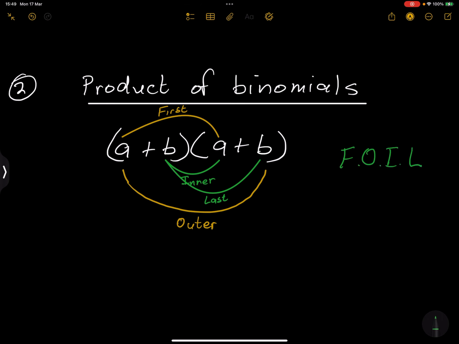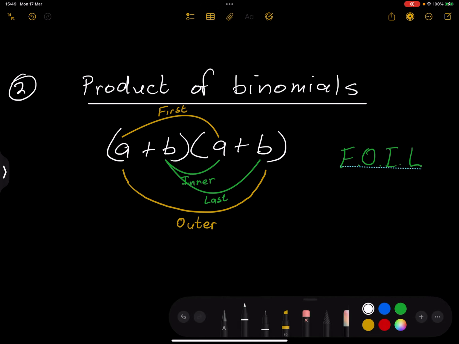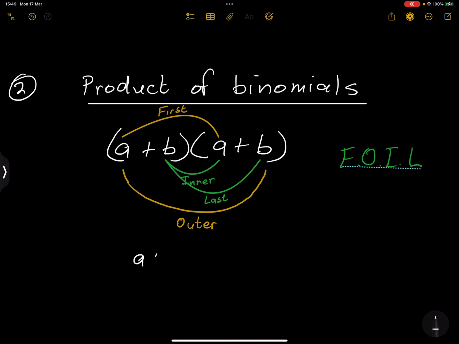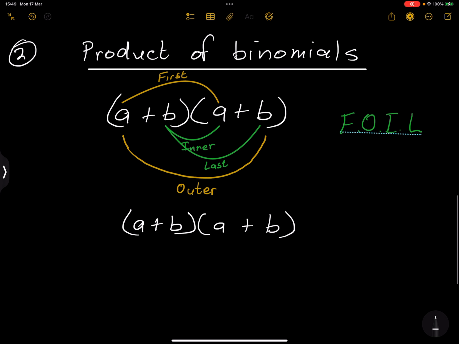So what do we do in that case? I'm going to rewrite it again so that we can make it simpler. A plus B into A plus B. So A multiplied by A, that will give us A squared. Then A multiplied by B, that will give us plus A times B, plus another B times A, that will give us A times B, right?